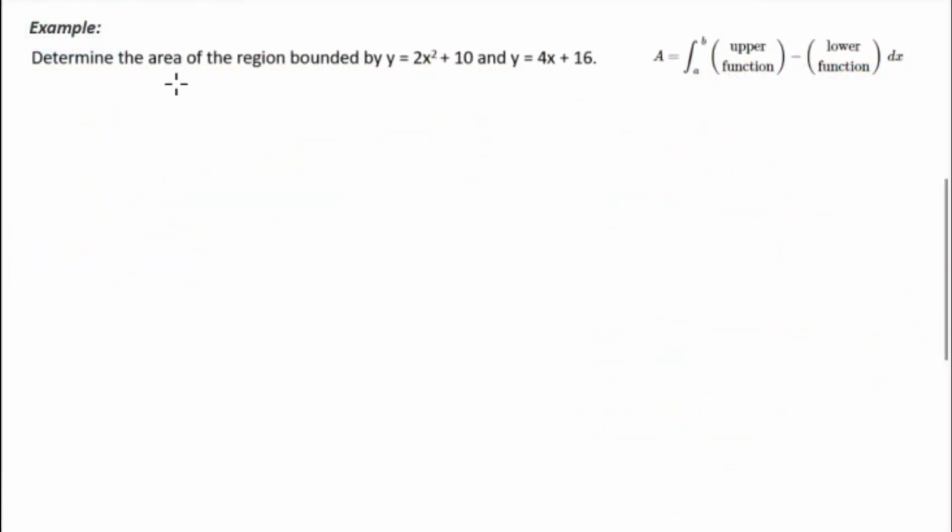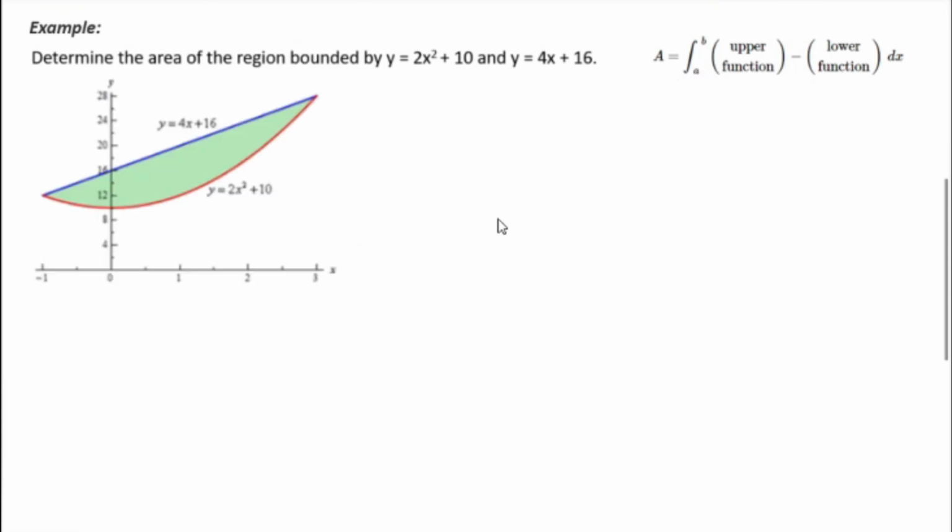Example: determine the area of the region bounded by y equals 2x squared plus 10 and y equals 4x plus 16. So we have two curves, and using the formula for area between curves, A equals the integral of the upper function minus the lower function dx from limit a to b.